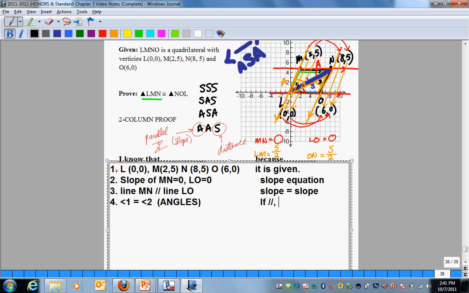Because if parallel, alternate interior angles are congruent, also known as armpits of the Z. I also know that LN, the side, is equal to LN. That gives us our side, because that's the reflexive property. Something's equal to itself. It's shared by both triangles. Reflexive.